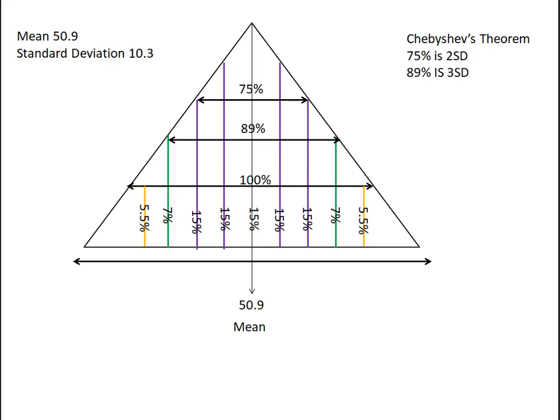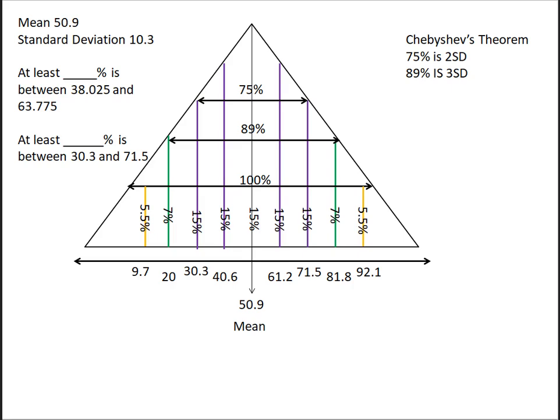We're going to add 50.9 as the mean. Our standard deviation is 10.3. From the middle, which is the mean, 50.9, we're going to add 10.3 to that.